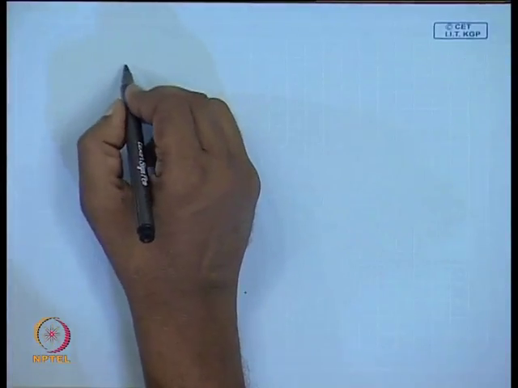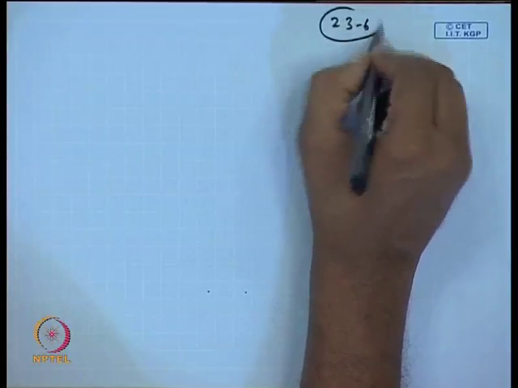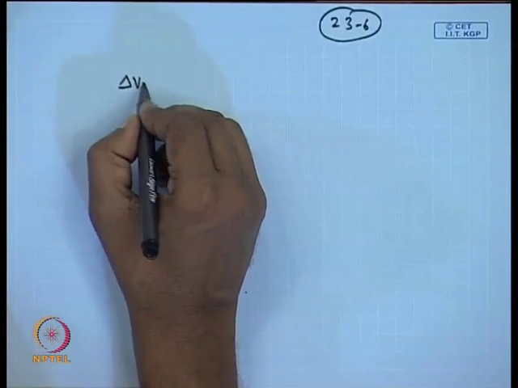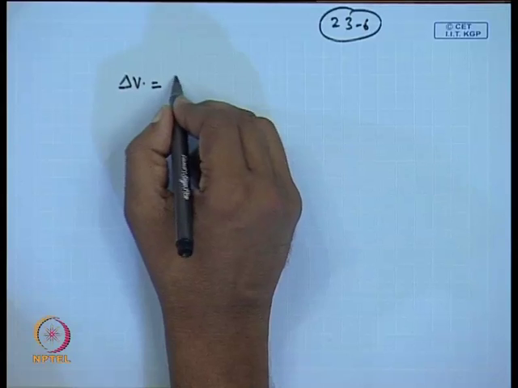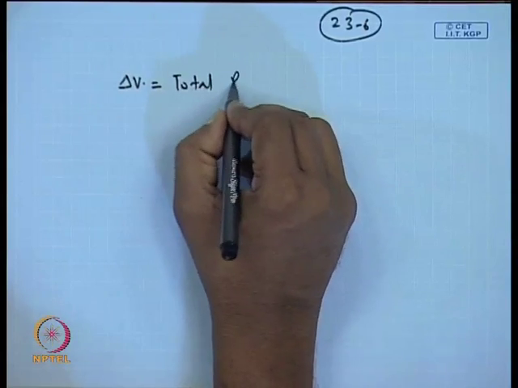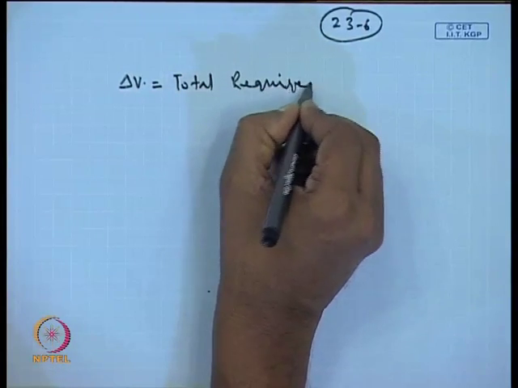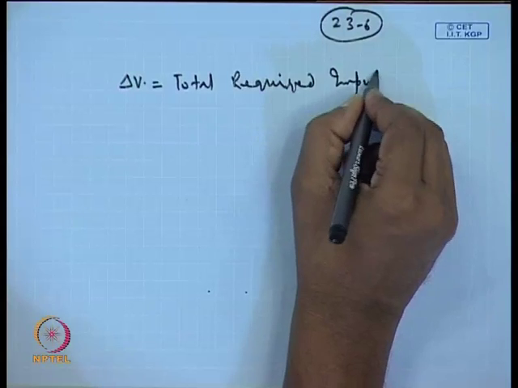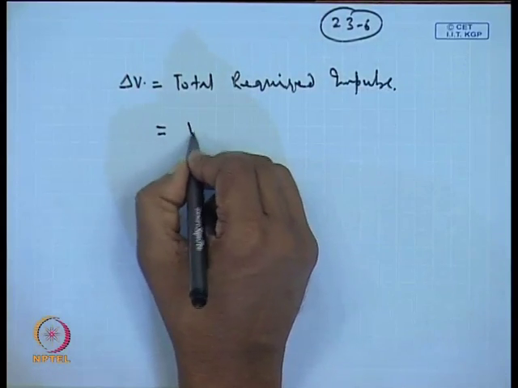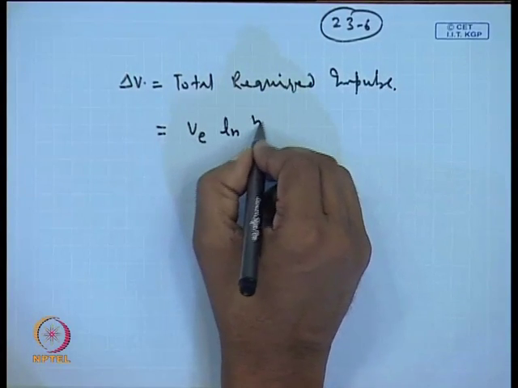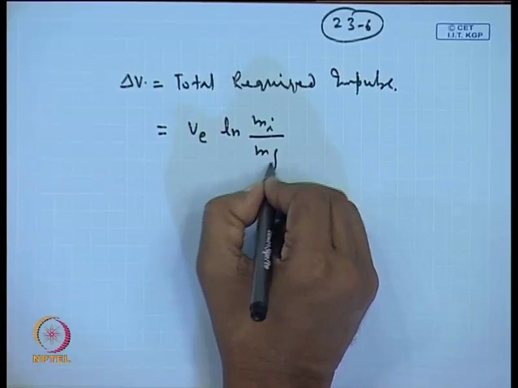So, what we have got, the total required impulse delta v is equal to v_e times ln m_I by m_f.